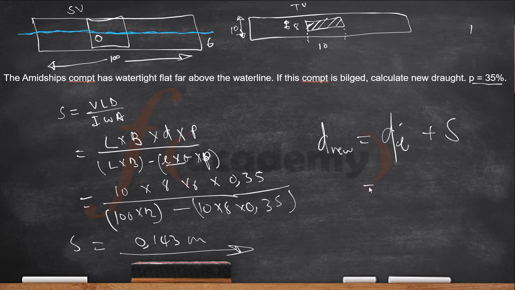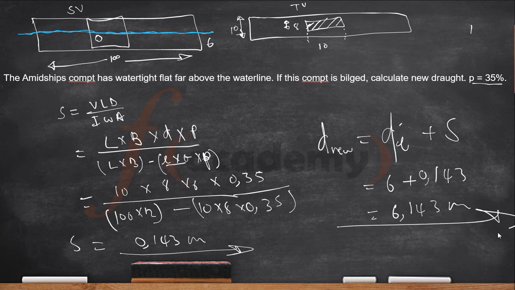Your initial draft was 6. Our new sinkage that we just got is 0.143. You add it up on your calculator again and you get 6.143 meters as your new draft after bilging.